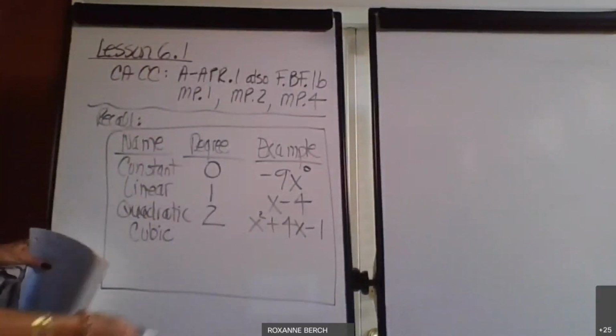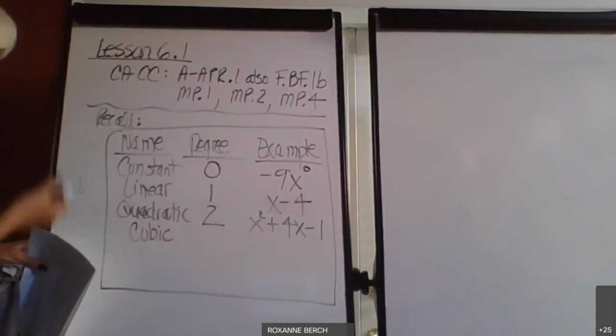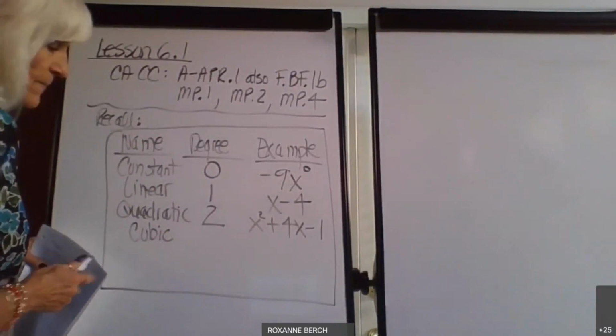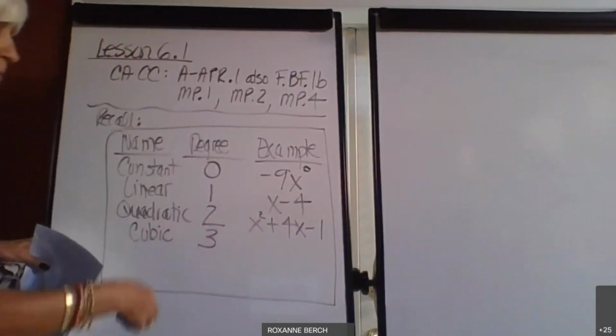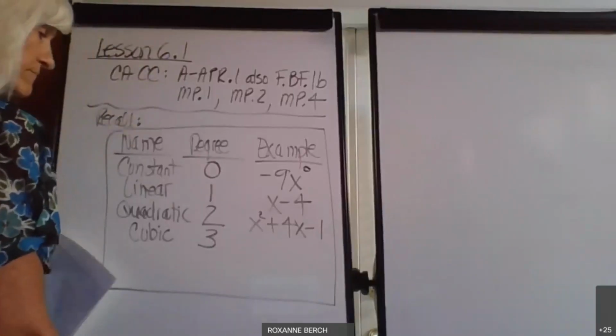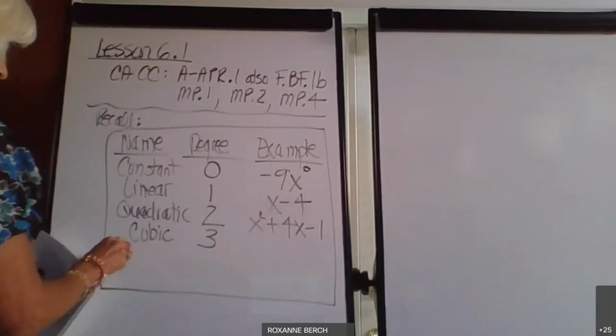All right, so what about a cubic? What's the degree? 3. Okay, give me an example of a cubic. Would it be x to the power 3, or cubed, and then plus, we can do any number, right? Sure can. 5.